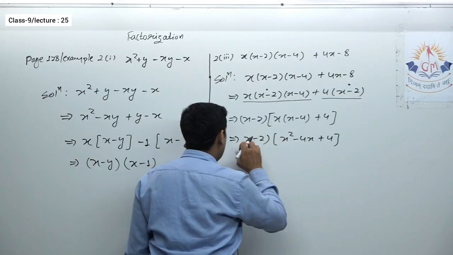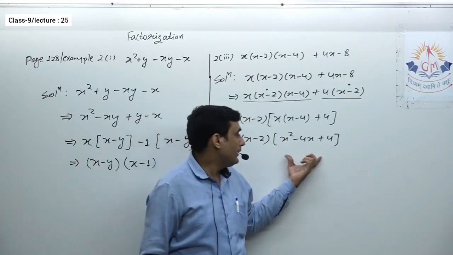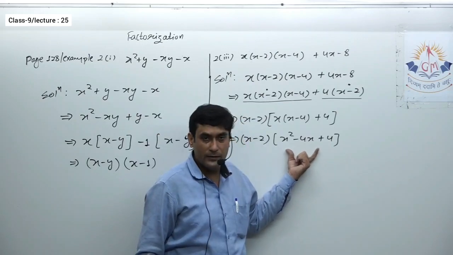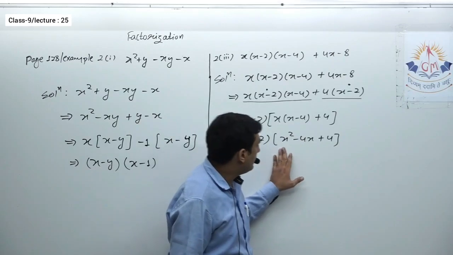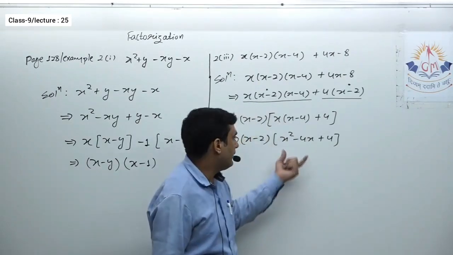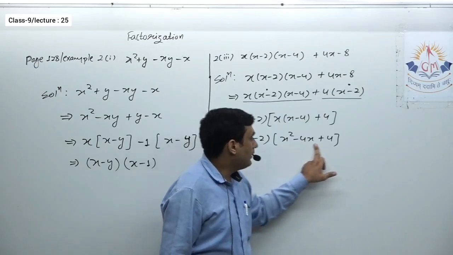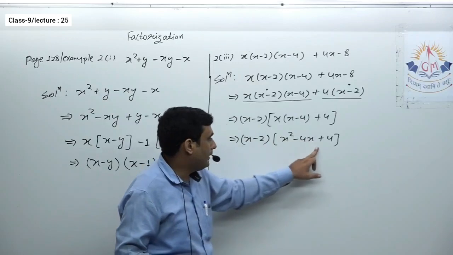Now this can be factorized further. We'll see how to do the factorization of this type of expression, but I also know that you must have learned this type of factorization in your previous classes. See, this is a quadratic expression, x square minus 4x plus 4.